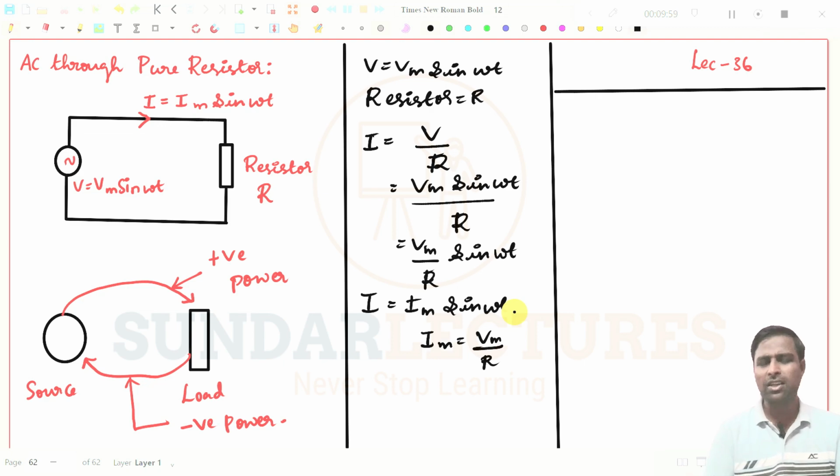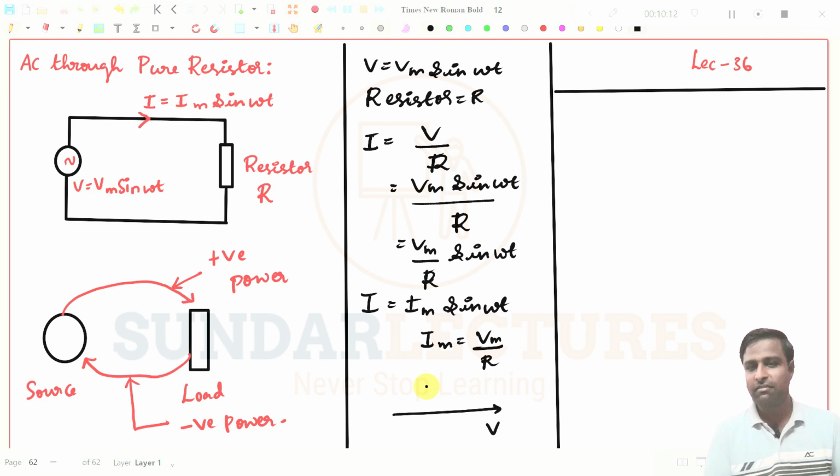How can you draw the phasor diagram? I will draw the phasor diagram. For example, if this is V, with no phase angle, then this should be Im.